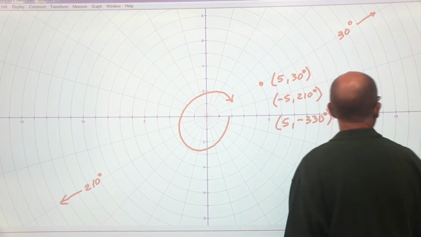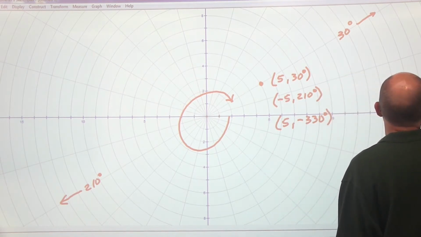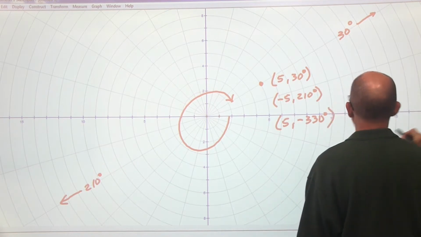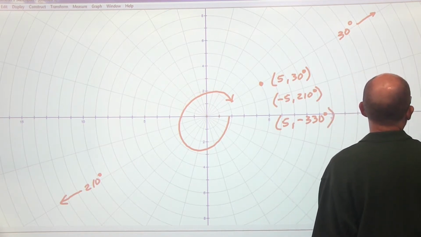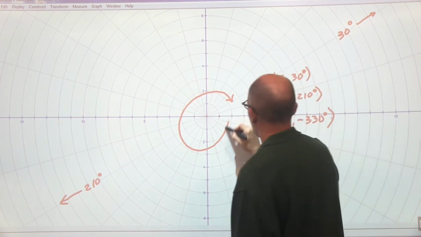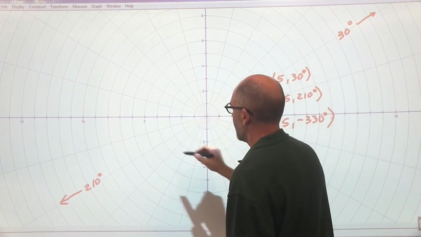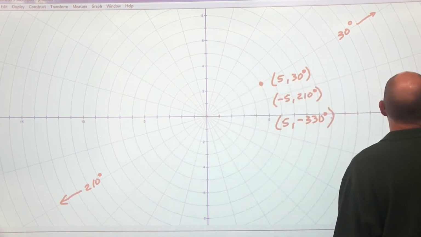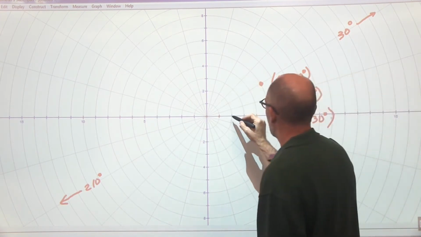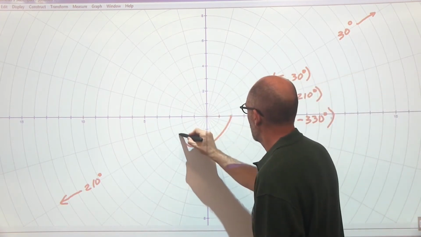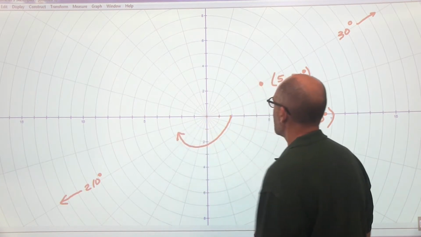Okay. I could also name this 210-degree angle by a negative angle. What's the negative angle to get to there?